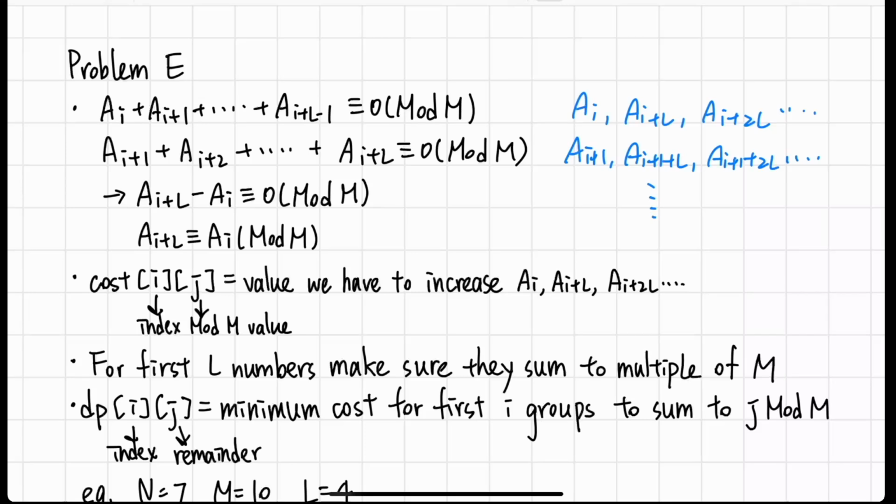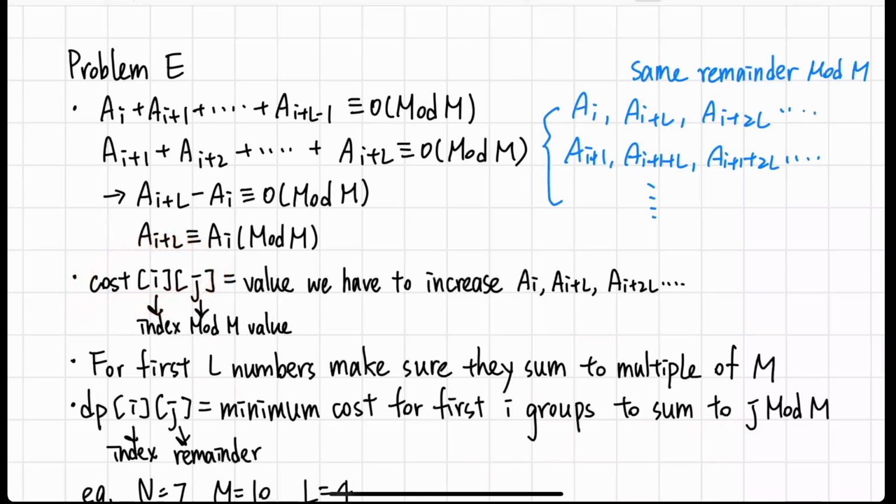So we will have multiple groups, and each one will have the same remainder mod M. Because of this, we can define an array called cost.